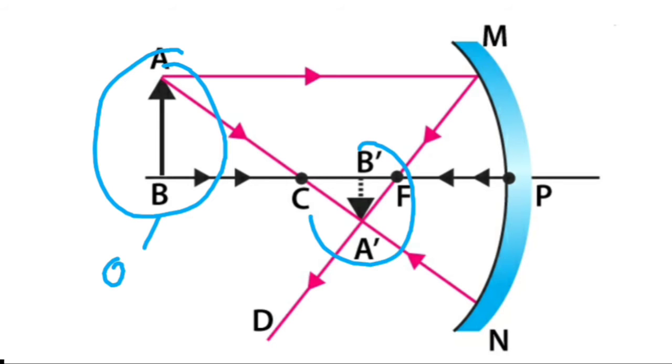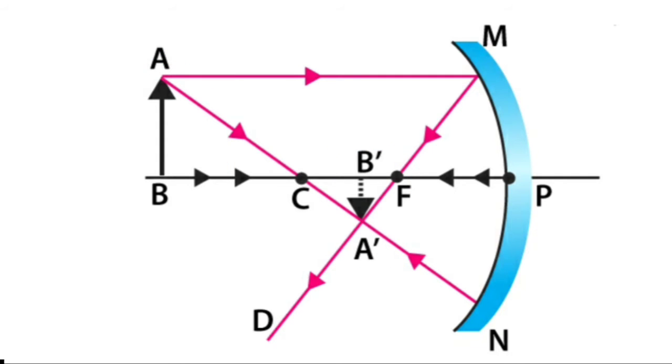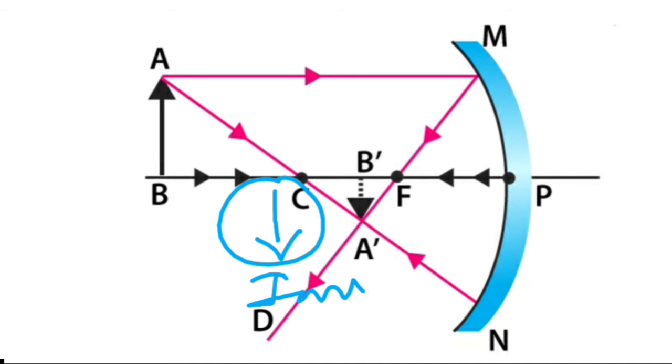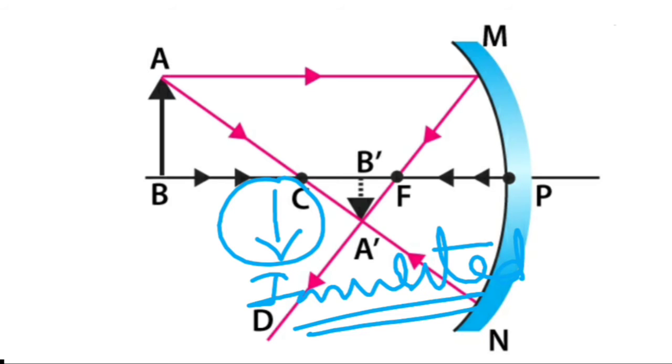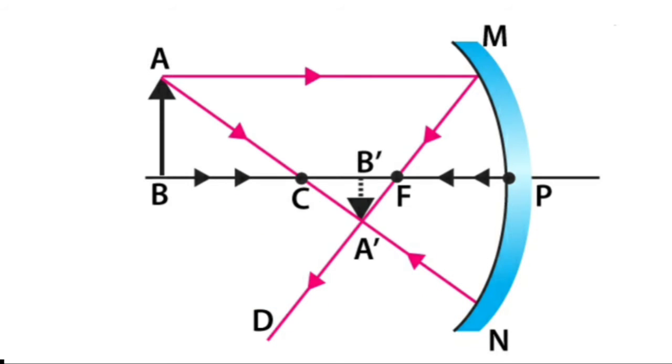It is also inverted, meaning it is in the downward direction. So this is the characteristic of the image when the object is beyond the center of curvature.